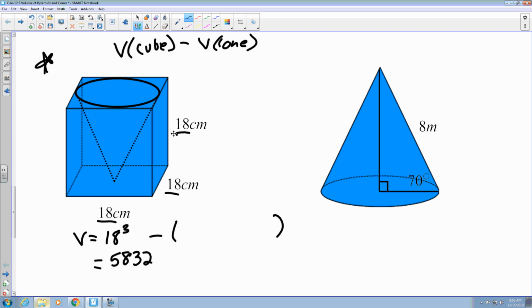If you notice here, all of this is the diameter. The diameter of this is 18, which means that the radius is going to be 9.